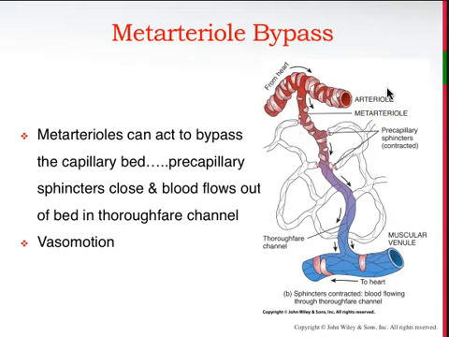Blood is going to flow directly from the arteriole through the metarteriole out to the muscular venule and move right through without having any issue in the capillary bed. Vasomotion, remember we mentioned in the last slide, is the intermittent contraction and relaxation of the precapillary sphincters. That happens about 5 to 10 times per minute.